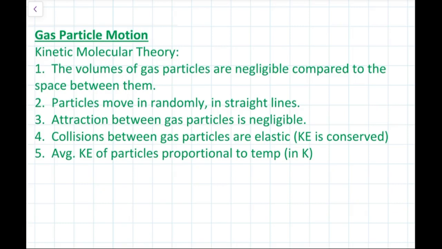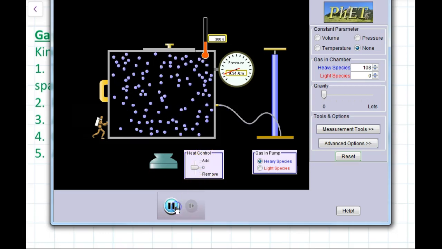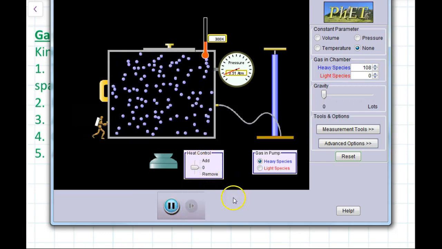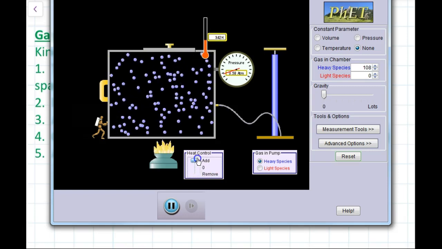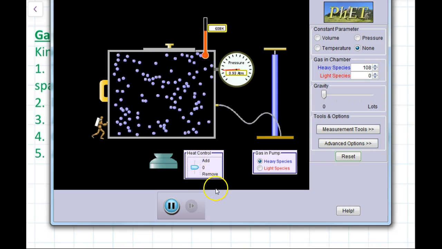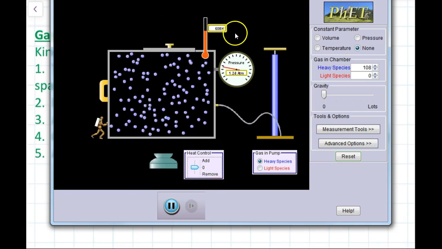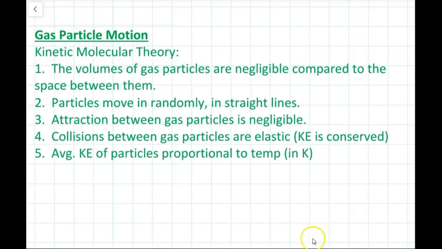You'll be able to see that if we add heat. The particles are moving so fast that they don't have the opportunity to stick together. So that's why they're gases at, in this case, 600 kelvins.